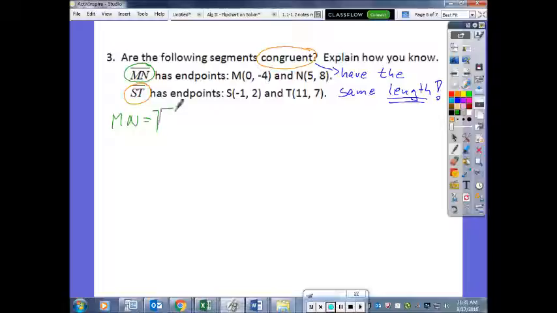MN is equal to the square root of the distance along the x-axis, (5 minus 0) squared, plus (8 minus -4) squared.